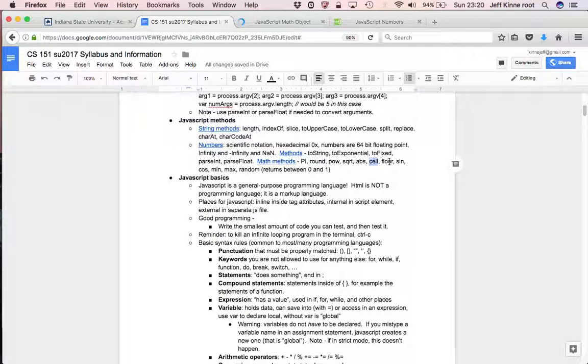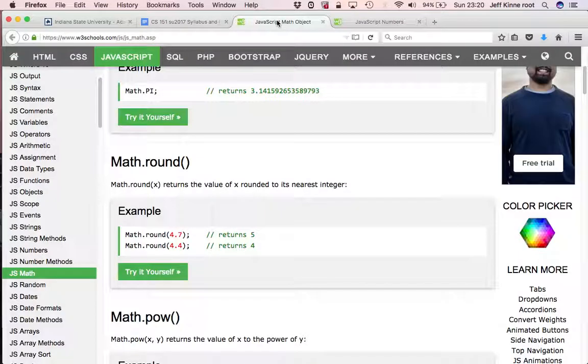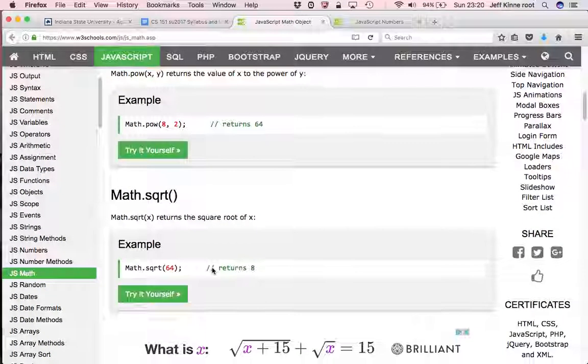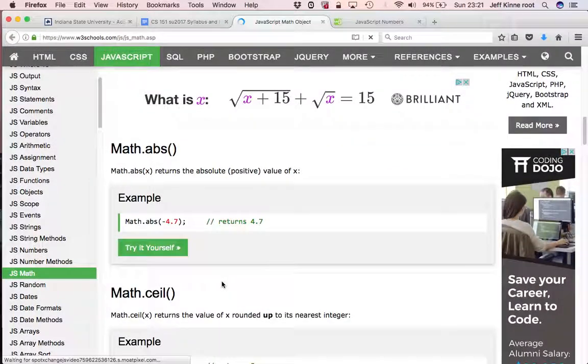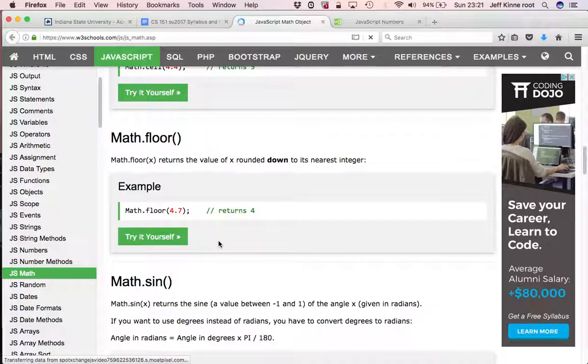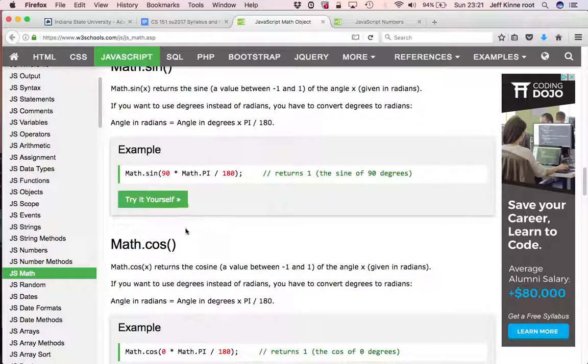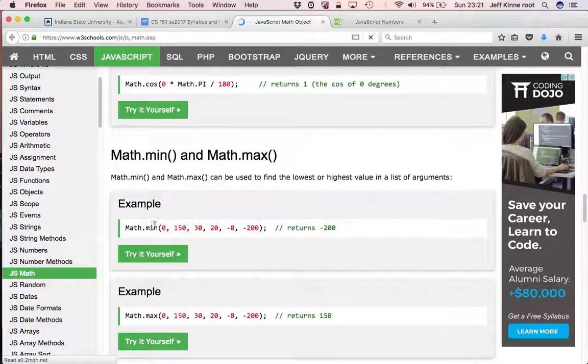If we always want to round down, we have the floor function, depending on what we want to do, and round rounds up or down, depending on what's closer. pow we saw, square root we saw, absolute value, ceiling, floor, sine and cosine, the trigonometry, or geometry, depending on where you see those. And min and max, okay, so we get a whole list of numbers, which we could do that.